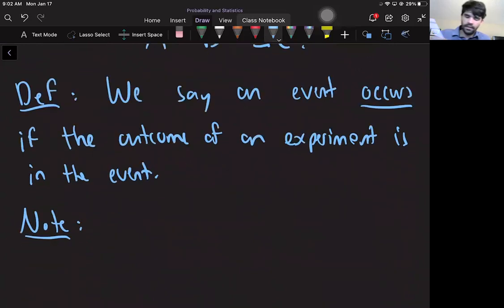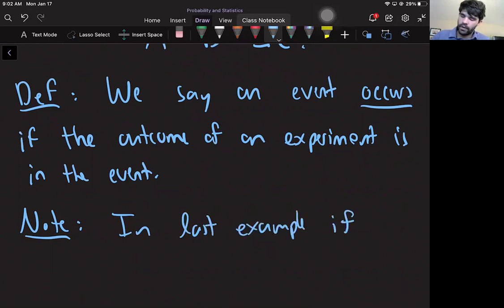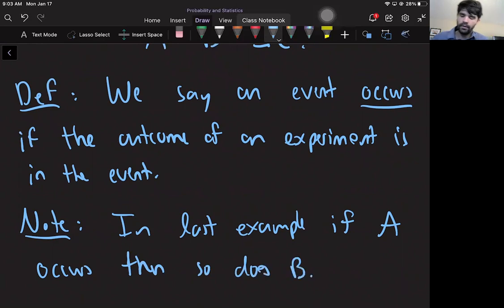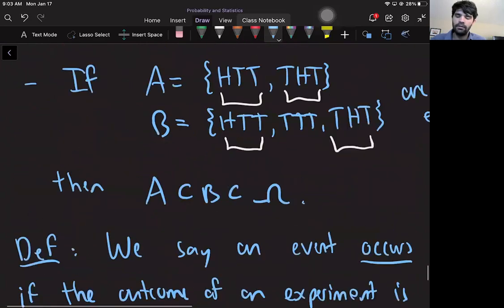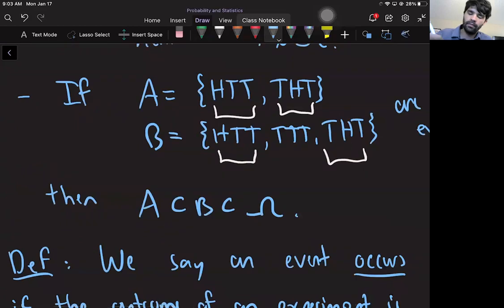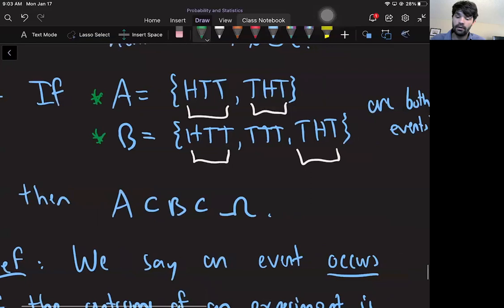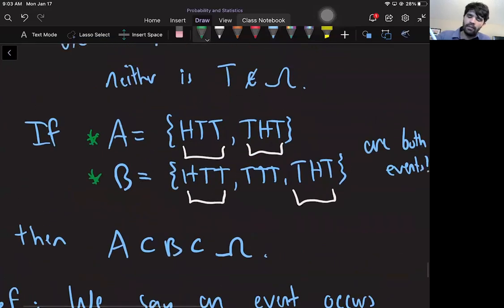So in this last example, if A occurs, then so does B. Why is that? Well, if we look at the two sets A and B here, so we're still looking at this example, if A occurs, that means that the outcome had to have been one of these two things.